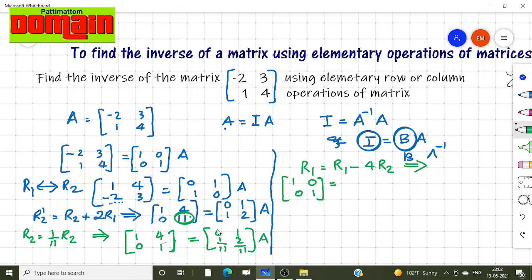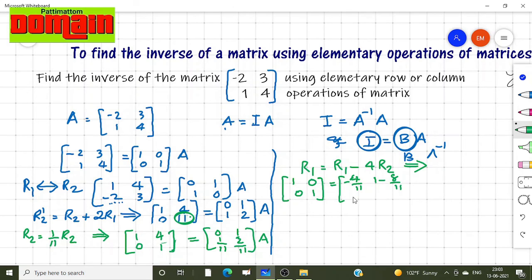Right hand side, the same thing has to be done here. 0 minus 4 times the second row, that means minus 4 by 11. Here 1 minus 4 times this, that means 1 minus 8 by 11.